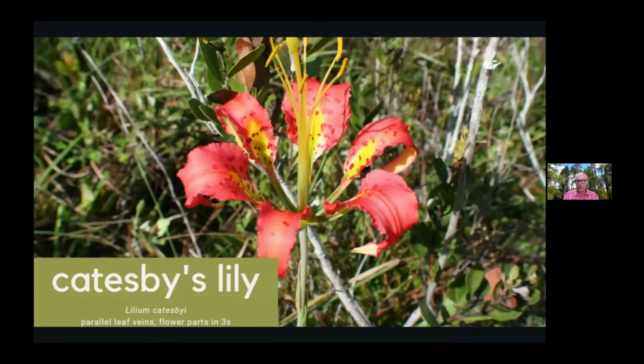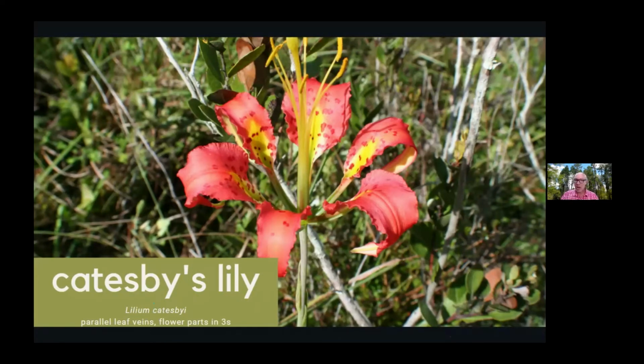Deciding which of these 2 groups we have, monocot or eudicot, is our first step in making a proper ID for a flowering plant. Here we have one of our star monocots out here at Brooker Creek Preserve. This is Catesby's lily. Its genus is Lilium. Its species is Lilium catesbii, which literally translates as Catesby's lily.